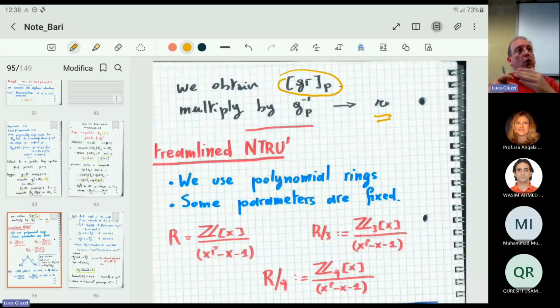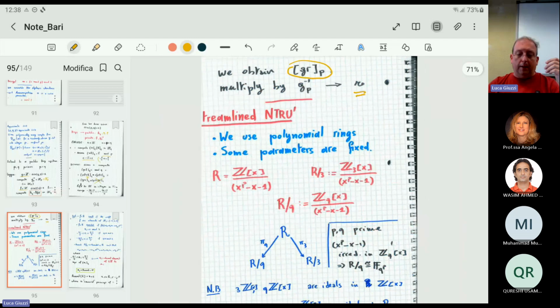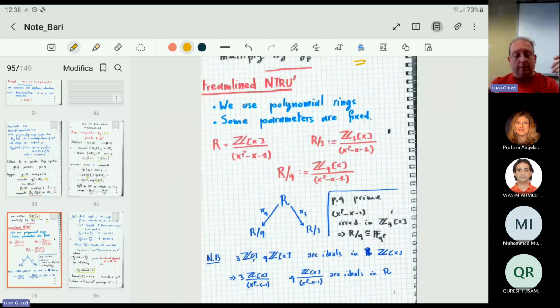So instead of using huge integers, it might make sense to use polynomials with bounded degrees, which are not too large. So in NTRU, and this is an example of one version of NTRU, which is called streamlined, NTRU Prime, basically we do the same trick, but with polynomials.